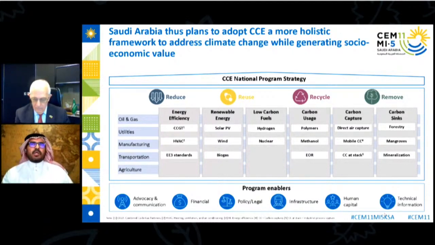However, what we want to especially focus on and bring a lot of discussion to is the financial part of CCE, the policy and legal framework, as well as the infrastructure and human capital that we need to have in place to actually set a groundbreaking CCE program that can be an example for other countries. Next, please.